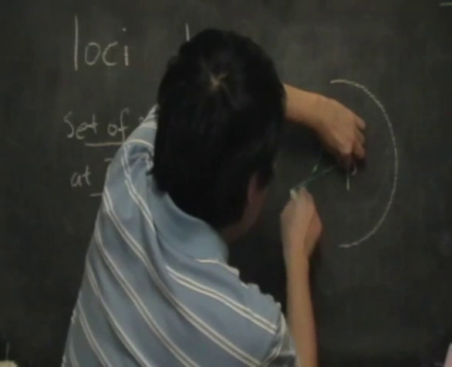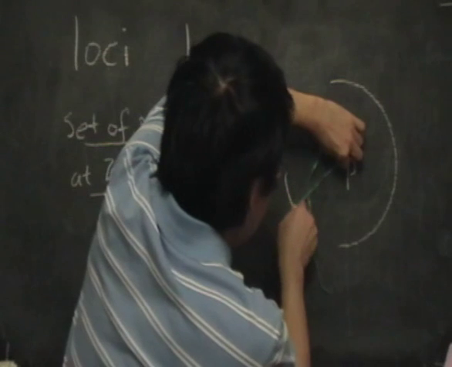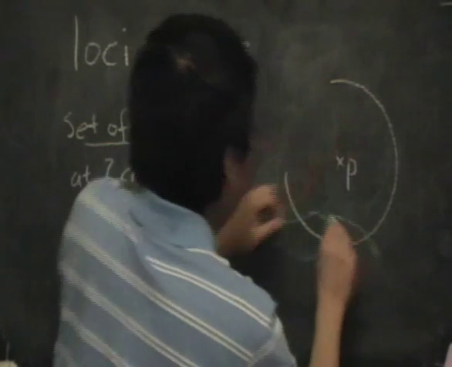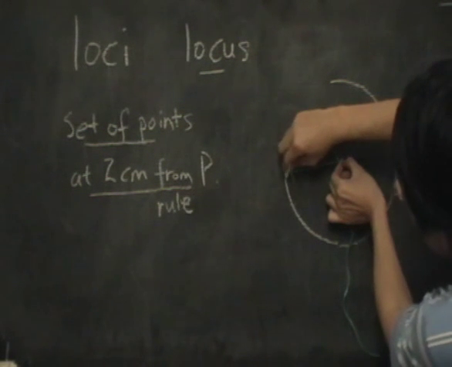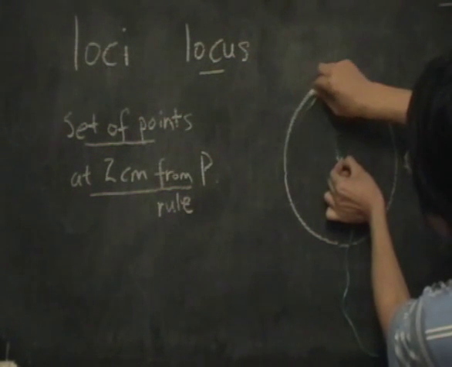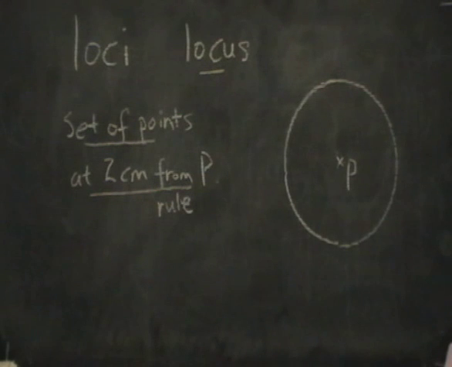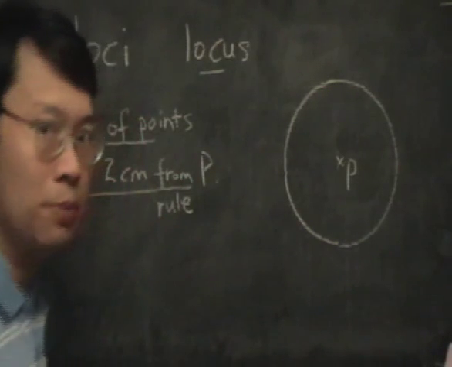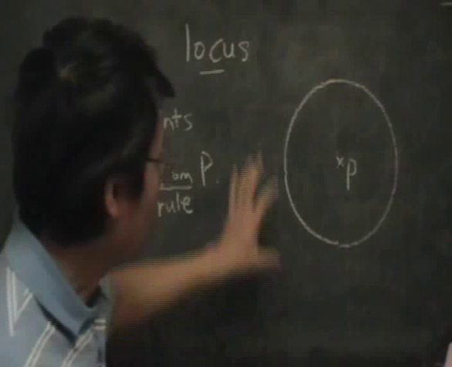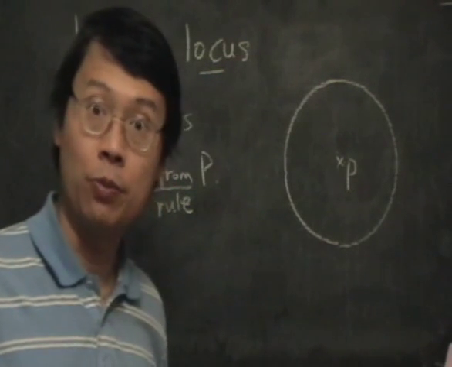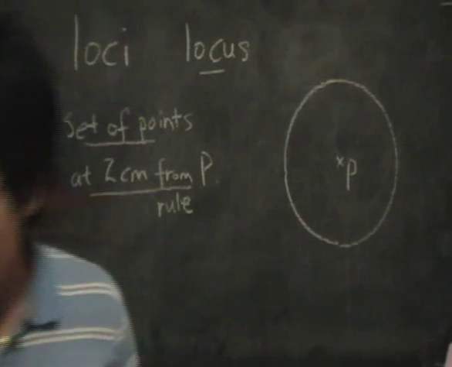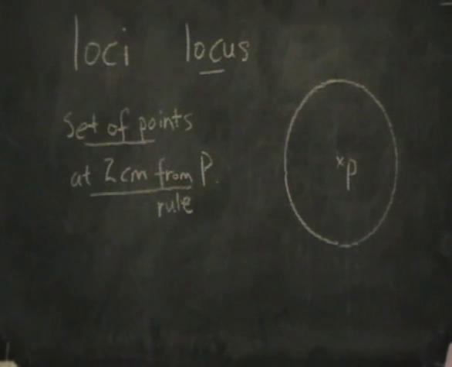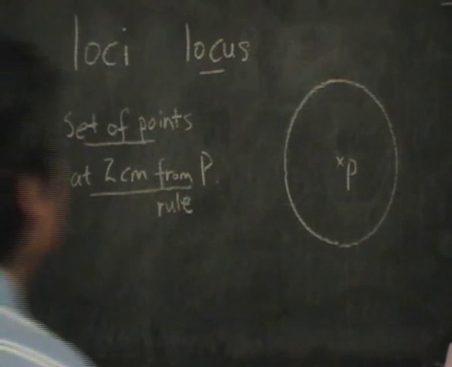Let me try to do that. There. Not a very good circle, but you get the idea. That's my locus, a set of points that is 2 centimeters from P. Let's move on to another example.